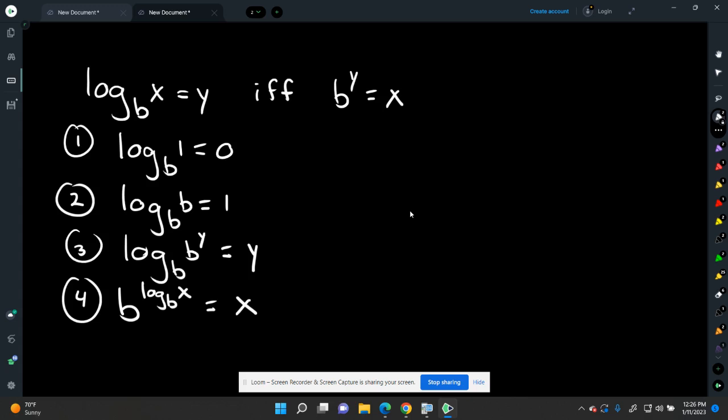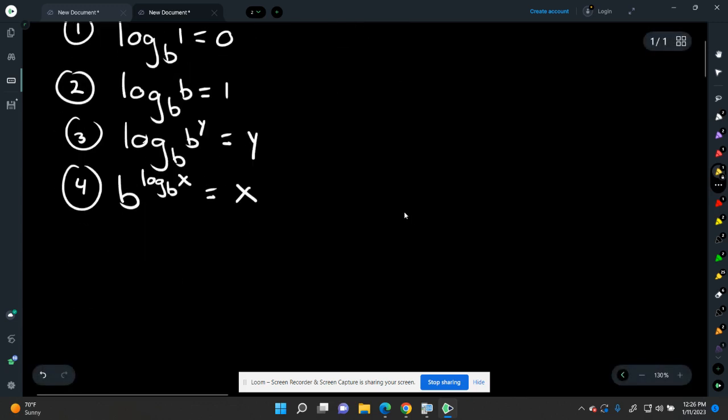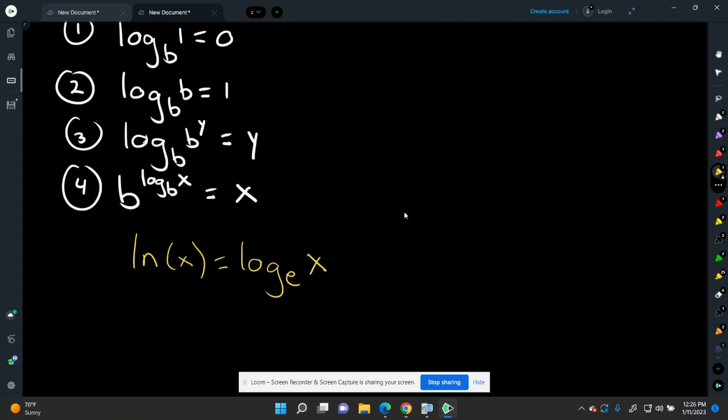And then we learned that natural log, right? This was not a property, but we learned that the natural log of x is the same thing as log base e of x, right? I didn't get that far? Okay, now you know. Log base e, right?